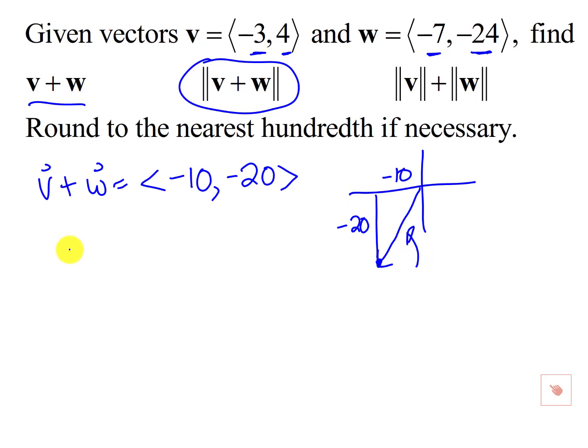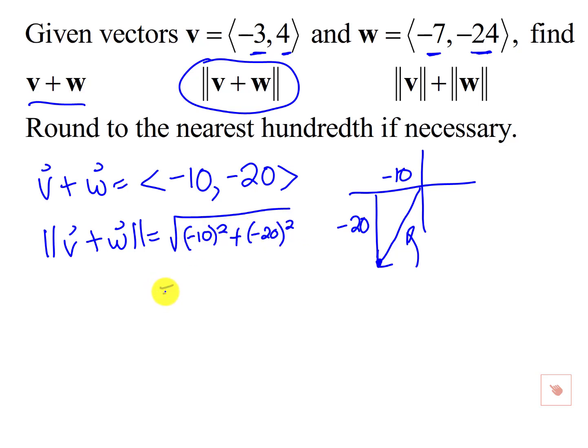So to get the magnitude of v plus w, we're going to have the square root of each of the sides squared and added together. And so if we square that, I've got 100 plus 400, which is the square root of 500.